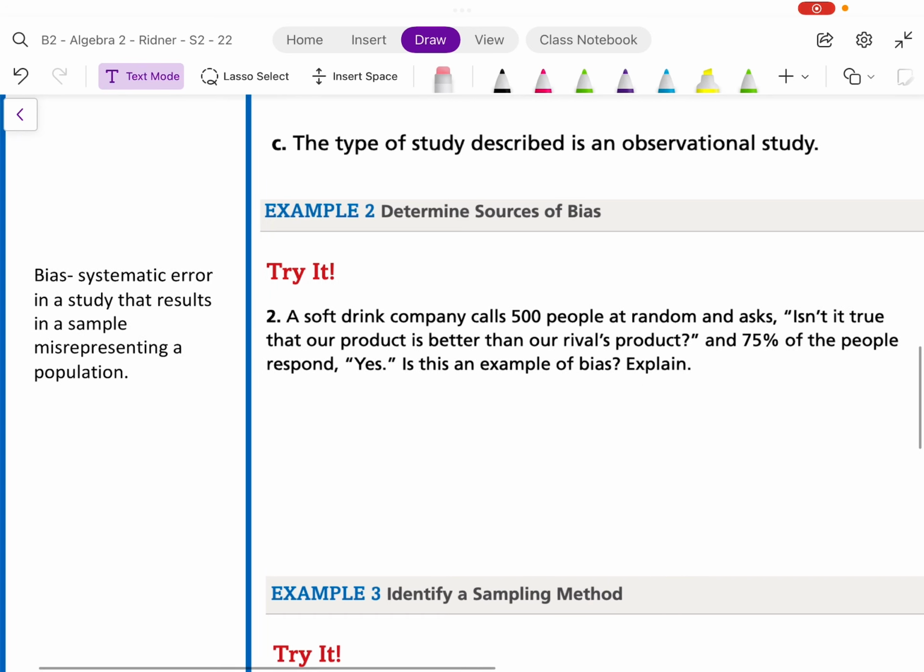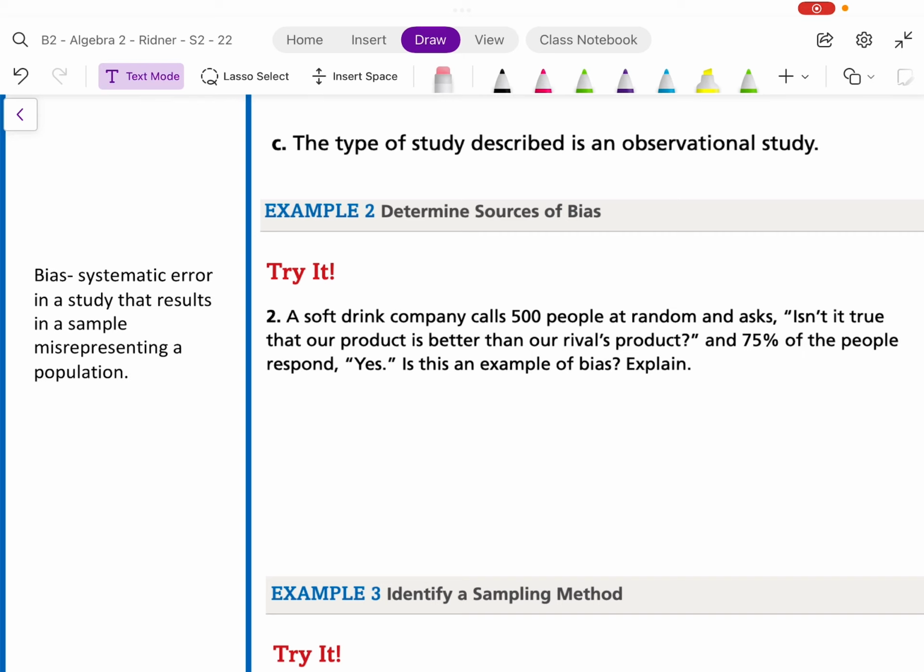All right, so in actual populations and samples and statistics, though, the same types of things could happen. So this example says a soft drink company calls 500 people at random and asks, isn't it true that our product is better than our rival's product? Well, when put on the spot like that, many people would probably be like, well, yeah.